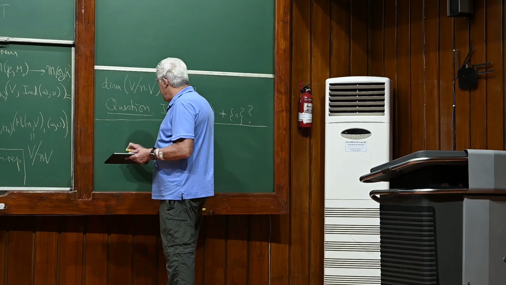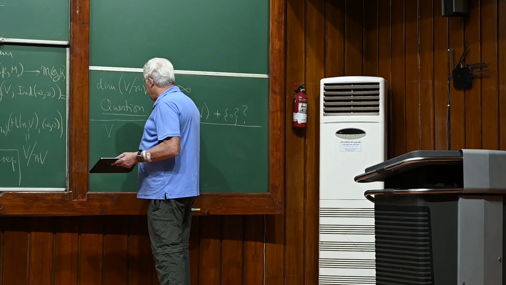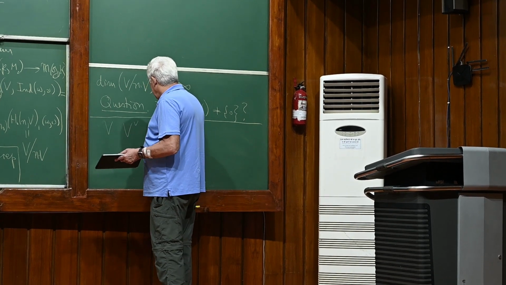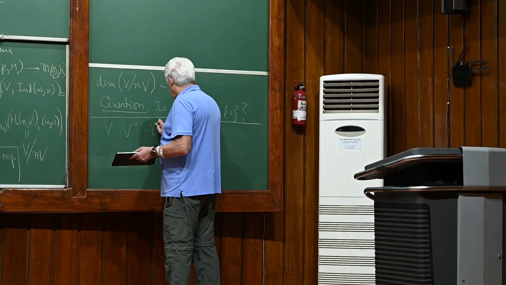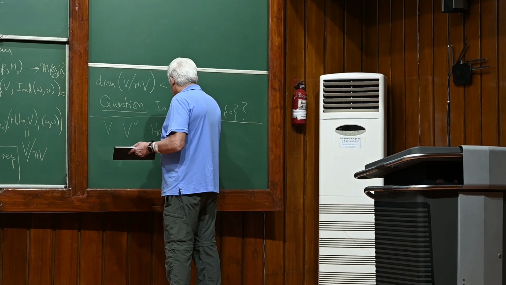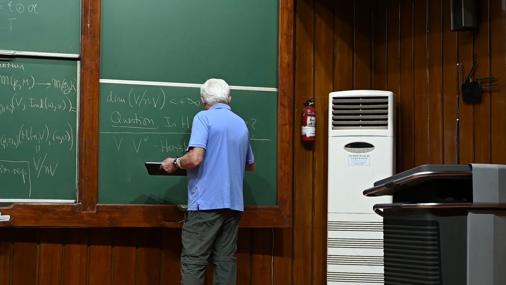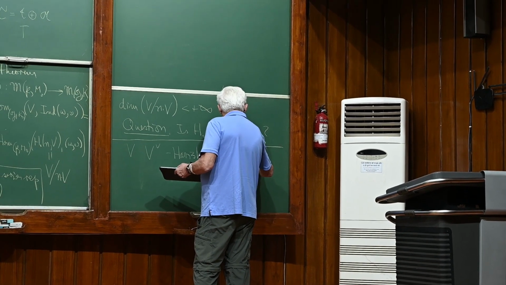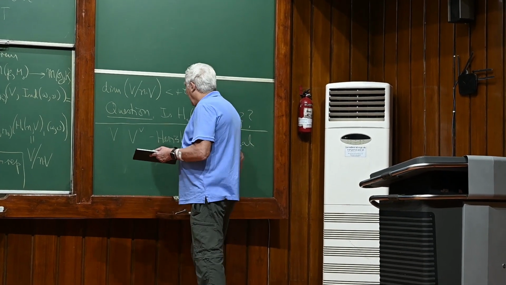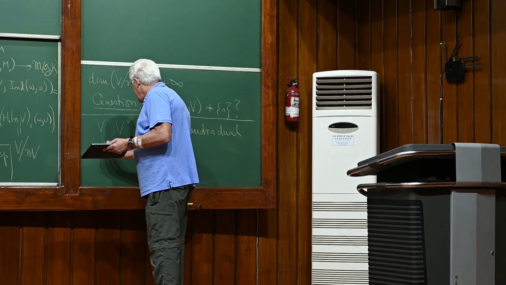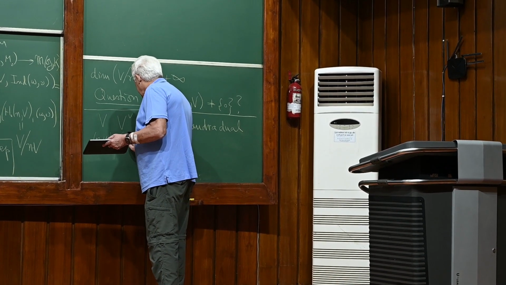So if I have a Harish-Chandra module B, I can take its Harish-Chandra dual. So this is a (g,K) module, of course, and this guy is also a (g,K) module.